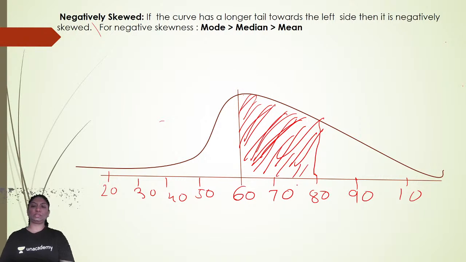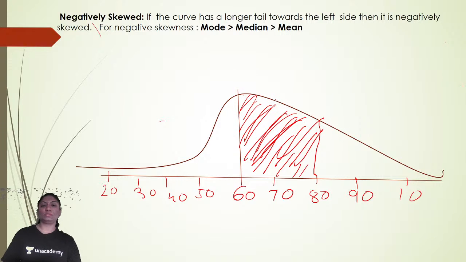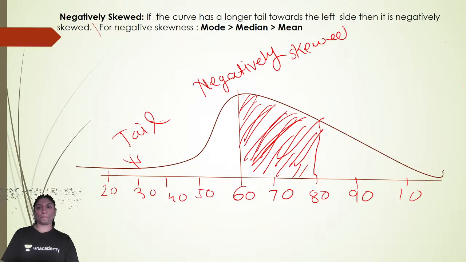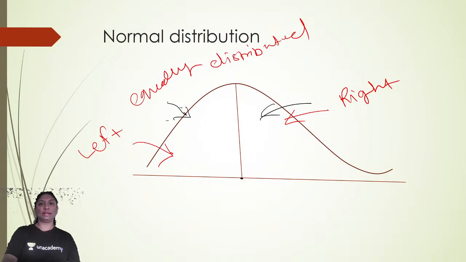So there is a lack of symmetry, a longer tail on the left hand side of the central value, therefore it is negatively skewed. This is the best example of negative skewness.